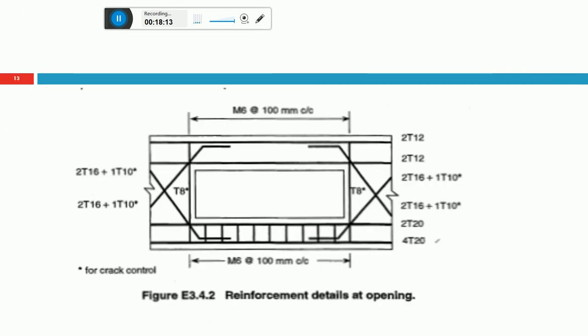For the rectangular opening you can use a crank bar like this at 45 degrees, with two horizontal bars and two top horizontal bars. Shear links can be placed over these bars, and making shear links connecting the two bars will be better for the serviceability of the structure.